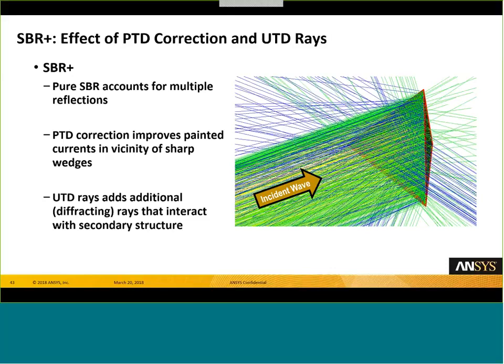So if there's structure that's behind one of these wedges, UTD rays enable it to propagate and deposit additional current in secondary structure that might be in a shadow zone that would otherwise have no way of being represented without this capability. So it tends to really drive the number of rays that are in a solution, but it can also make a huge impact on the accuracy of the solution.